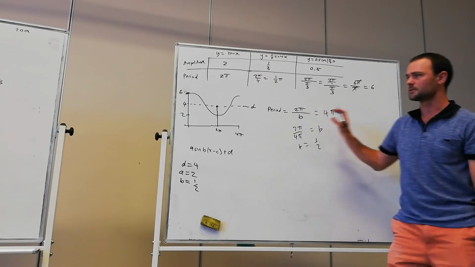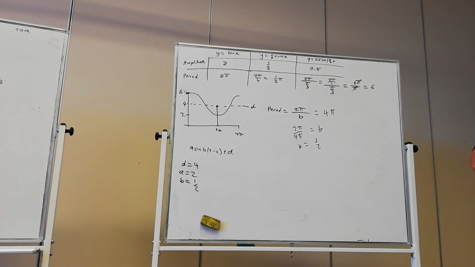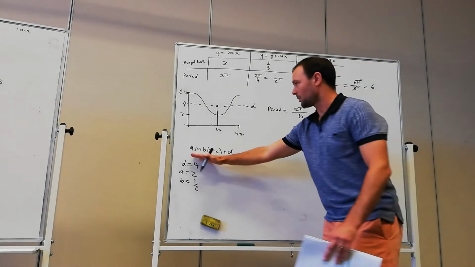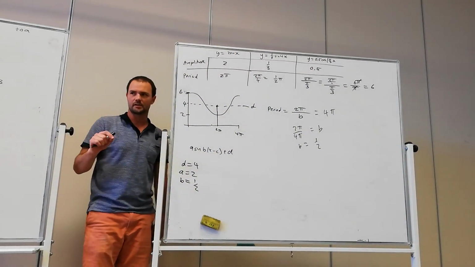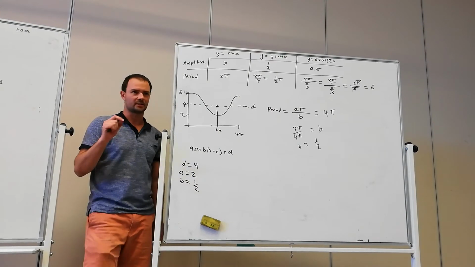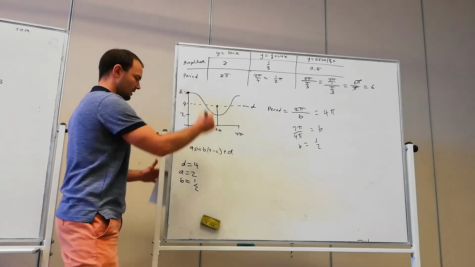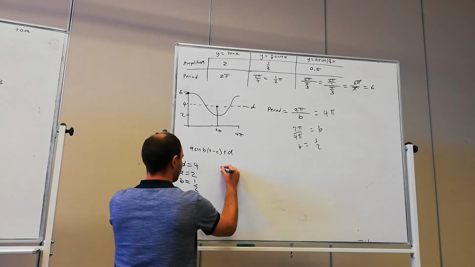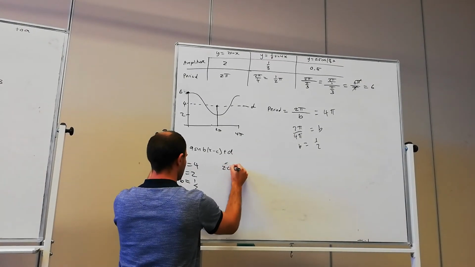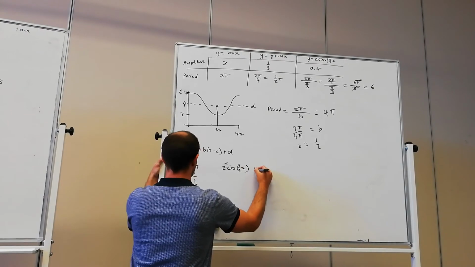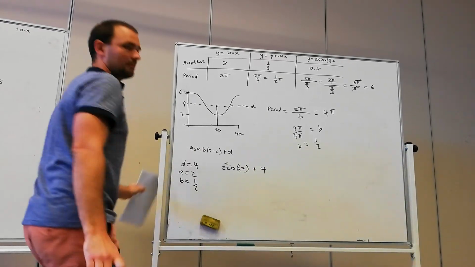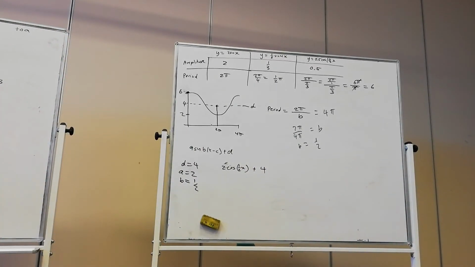Okay, so either of those will get the period for you. And so we've got everything we need for, is it a sine function or is it a cos function? It's a cos function because it's starting with a peak. So we're going to have 2 cos half x plus 4. That's going to be the equation that describes this graph.